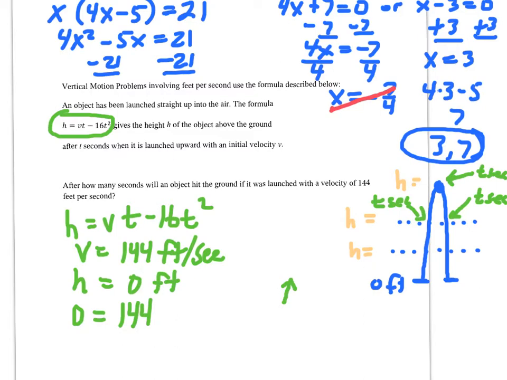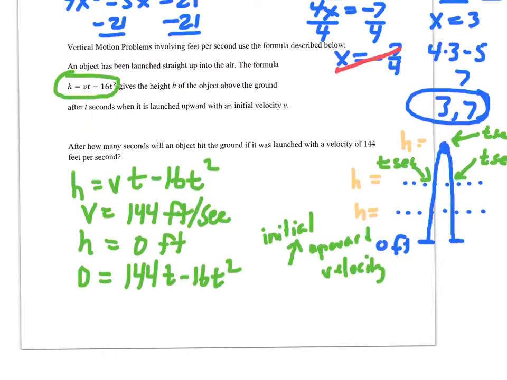What is the initial upward velocity? Because remember, the object slows down due to gravity, so that's why they say initial upward velocity. That's what V is here. So times t and minus 16t squared.